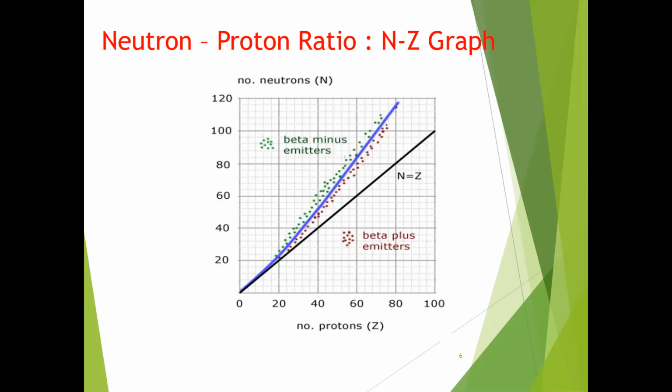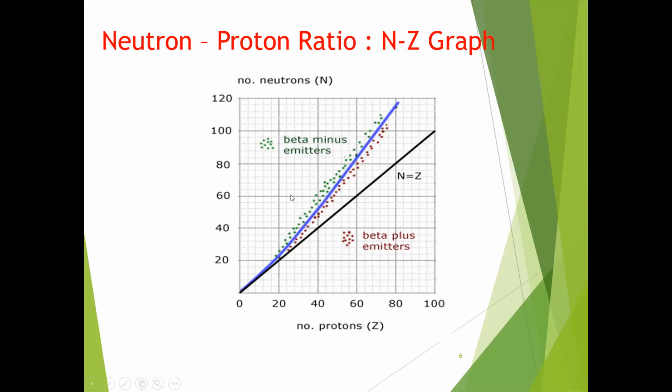So the NZ curve is a plot of the number of neutrons against the number of protons. Thus, this line we can call the stability line. If the number of neutrons equals the number of protons, so the ratio is equal to 1, then this is called the stability line. Now we can see some regions here. This purple region is beta plus emitters, and these green dots give the beta minus emitters.